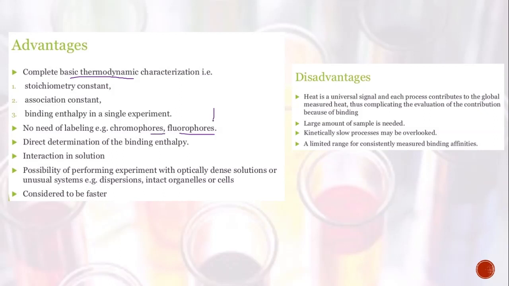We don't need to add other components to help us visualize our results because we depend on heat. Direct determination of binding enthalpy, then interaction in solution. You can determine what interactions are going on and what changes they are causing in terms of enthalpy, in terms of binding affinities, in terms of heat loss or gain.